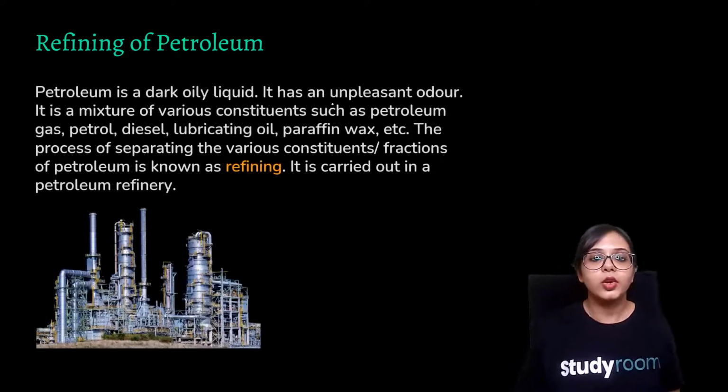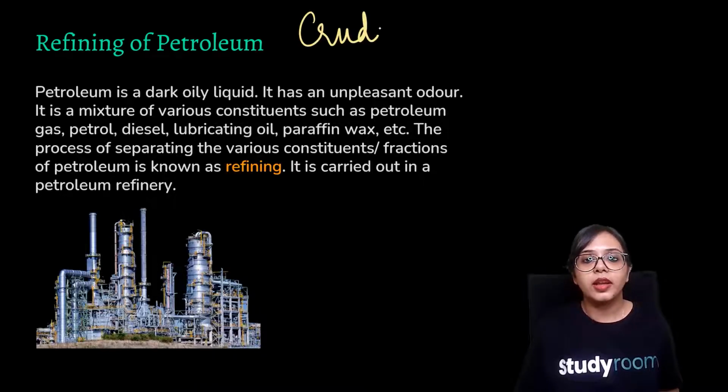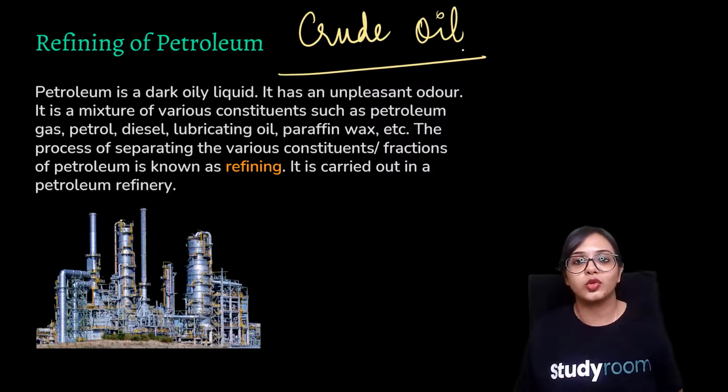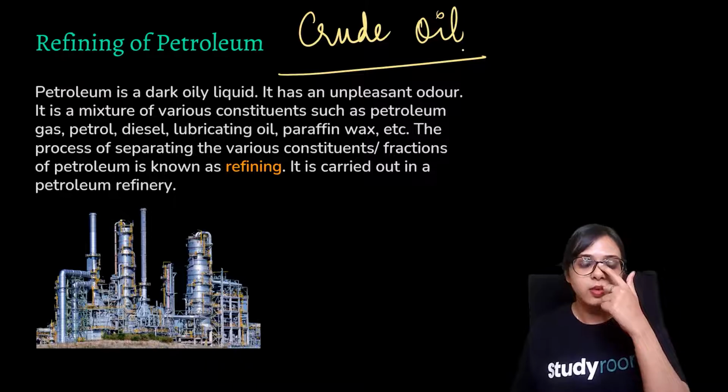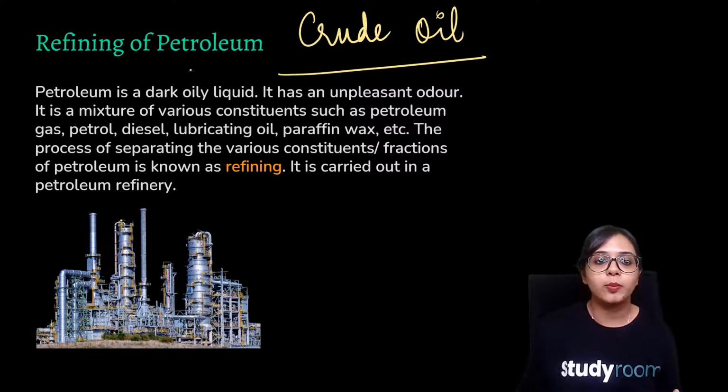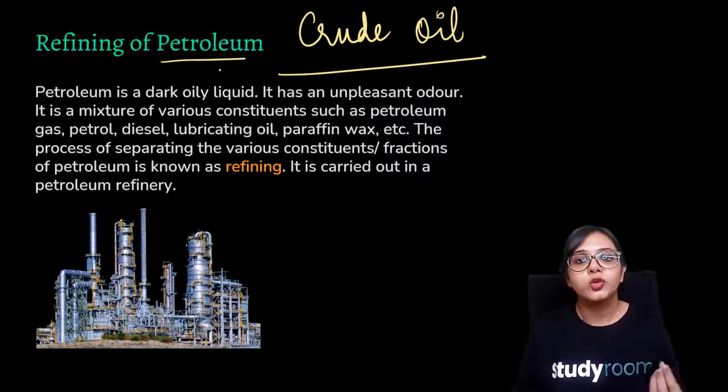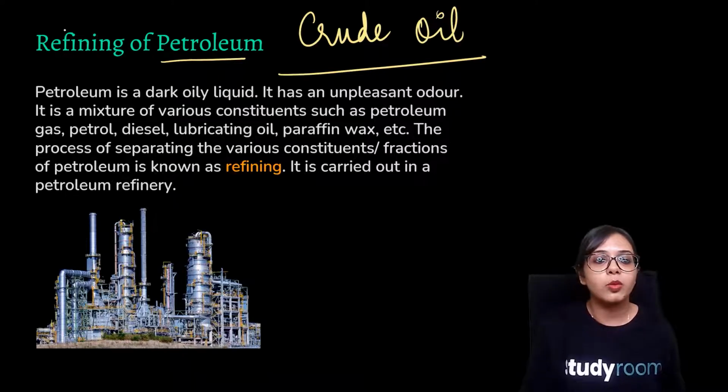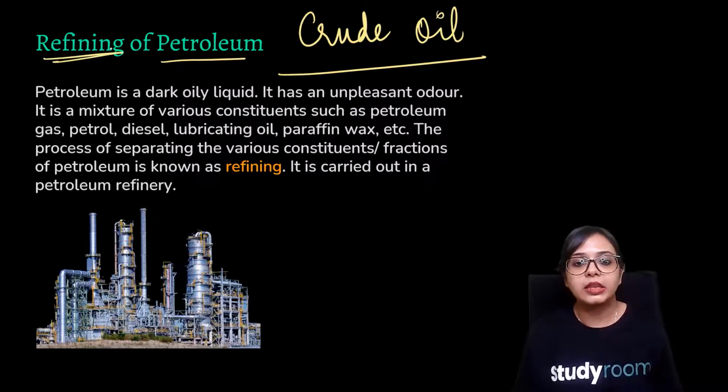Now, like I told you, this crude oil has various other constituents, but you cannot use these constituents unless this petroleum has been put through some chemical treatment. So a term known as refining is used. I'm repeating this so that the different constituents of petroleum can be extracted from this crude oil.